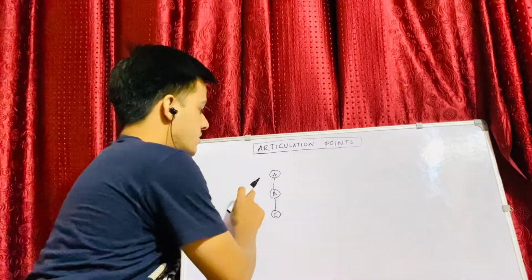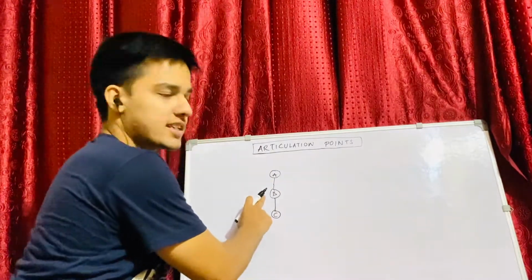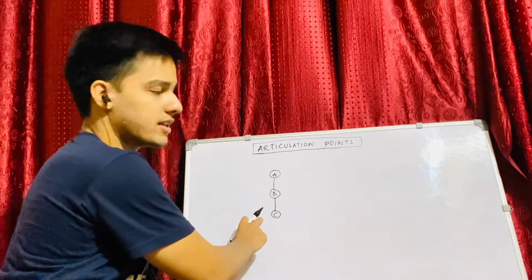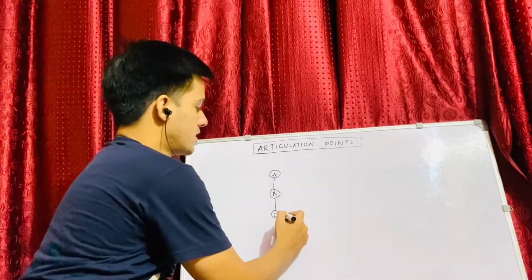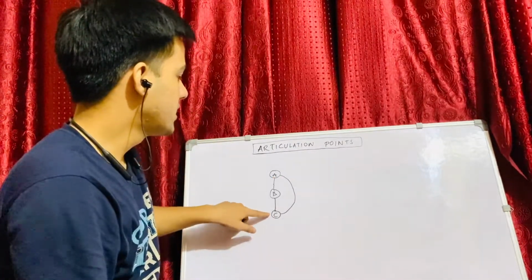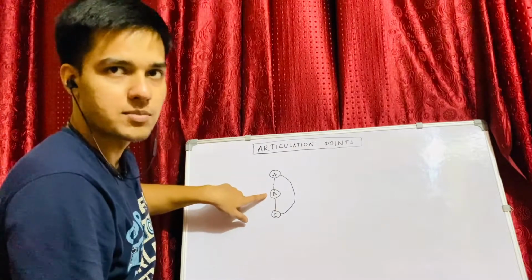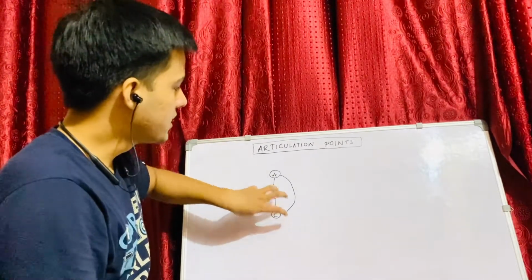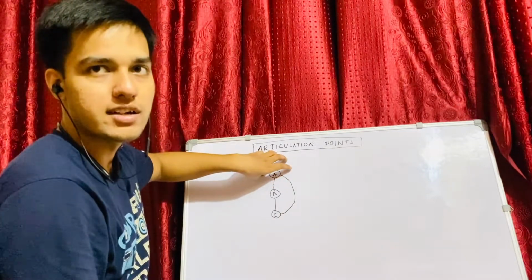C is a child of B, because I started my DFS from node A, then I went to B, then I went to C. So let's suppose there was a back edge to one of its ancestors. For B to be an articulation point, there shouldn't be any other path from this component to the secondary component that we were forming, right?